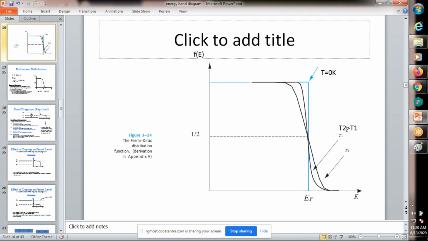As temperature increases, just above 0 Kelvin, we find some energy states. Observe in this area above the blue line, a few energy states are available. This is the Fermi concept: just above 0 Kelvin, a few energy states are available to find electrons as well as holes, right?